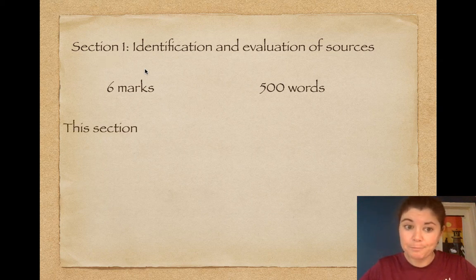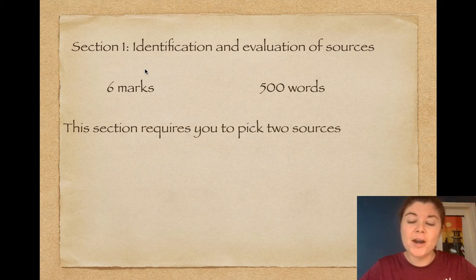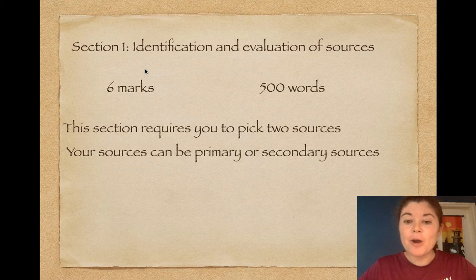Therefore, you have to be really concise in your language, and really, really clear in what you're saying. This section requires you to pick 2 sources. Your sources can be primary or secondary sources. What I would recommend is that you pick 1 primary source and 1 secondary source. The reason being that secondary sources often have similar values. For example, if you have 2 secondary sources that were written by renowned historians, then the value of their origin is going to be quite similar.